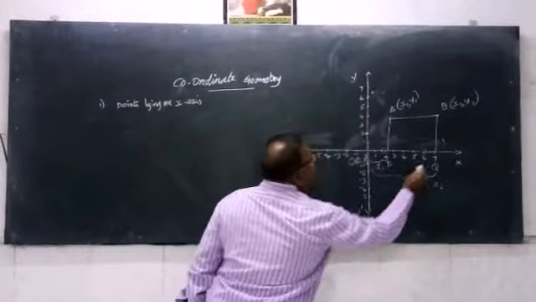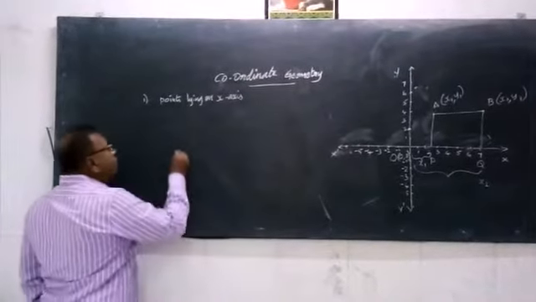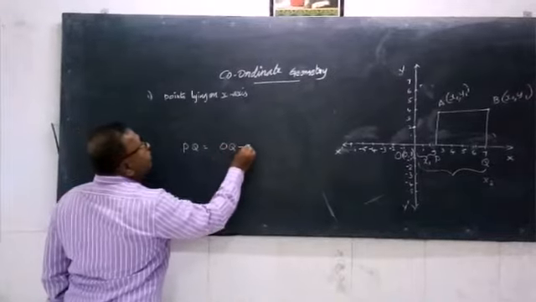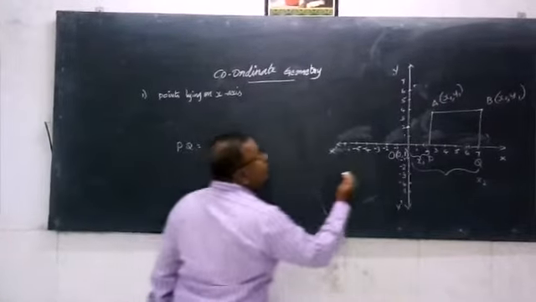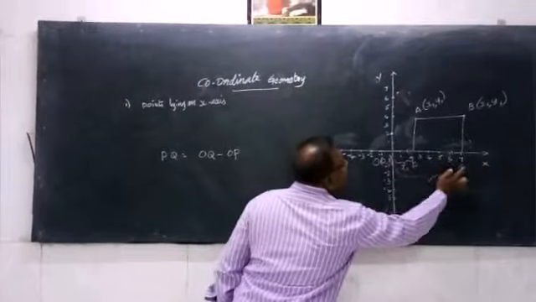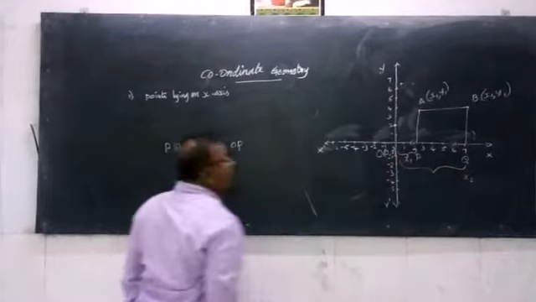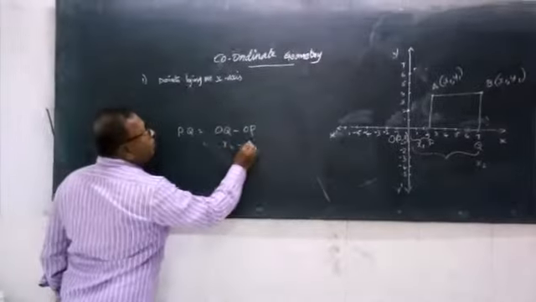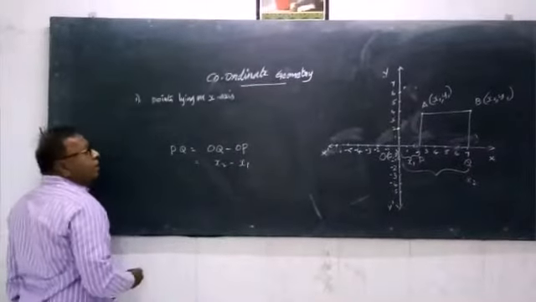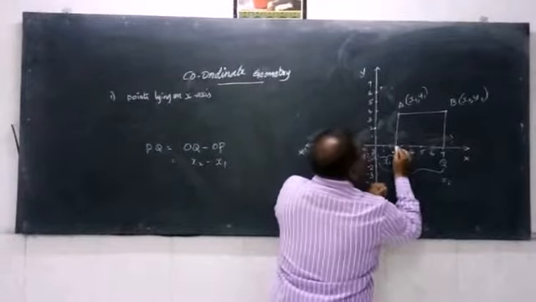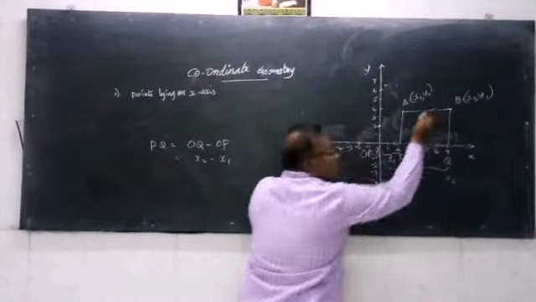Now to get the distance PQ, PQ is equal to OQ minus OP. So what is OQ? It is x2, and what is OP? It is x1. Now if we observe carefully, as these are two perpendiculars, this PQ is equal to AB.